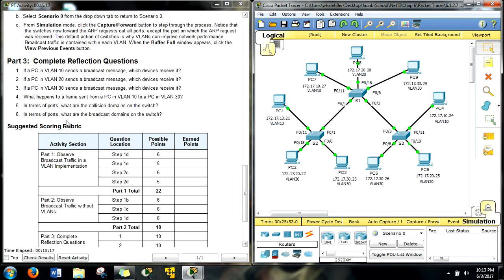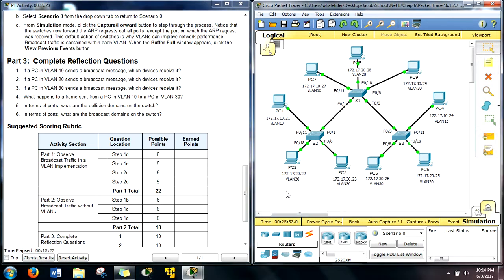In terms of ports, what are the broadcast domains on the switch? Well, because the initial configuration of this network was for VLANs. Now, we deleted that, but if a broadcast was on VLAN 10, it would shoot it down here, and it's saying, oh, this is a VLAN 10 broadcast.